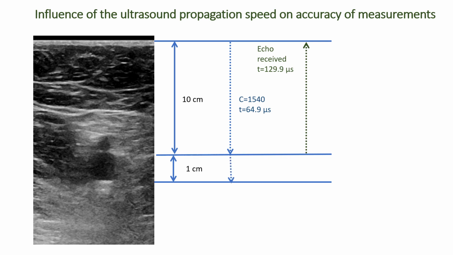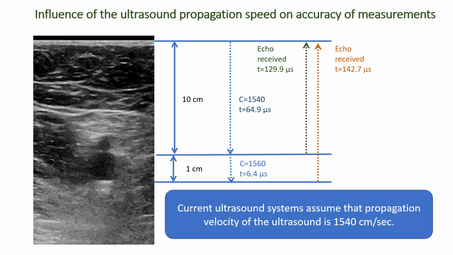It will take an additional 6 microseconds for ultrasound to reach the opposite wall of the vein and an equal time for the echo to travel back to the interface with the soft tissue. The total time for receiving the reflected wave from the second wall of the vein is slightly more than 142 microseconds. Currently used ultrasound systems assume that the propagation velocity of the ultrasound waves is a constant 1540 meters per second.